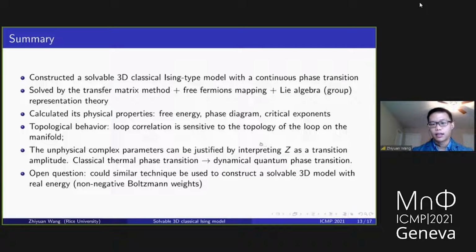We justify the unphysical complex parameters by interpreting the partition function as a transition amplitude, and the classical thermal phase transition we found may be mapped to a dynamical quantum phase transition of a certain quantum system. And we are finally left with an open question about whether a similar technique can be used to solve a three-dimensional classical Ising model that has non-negative Boltzmann weights.